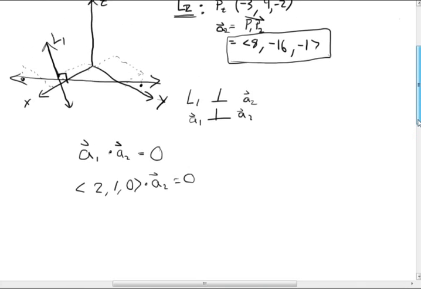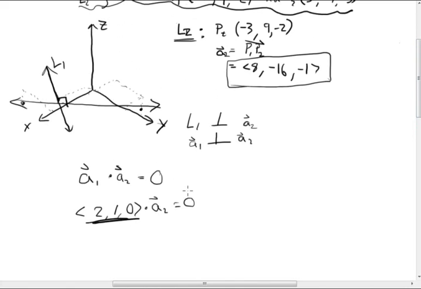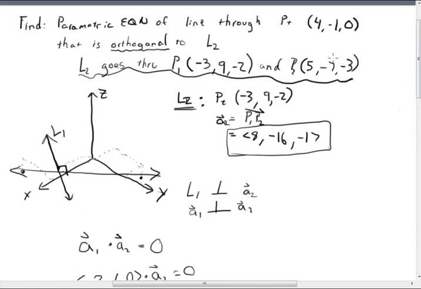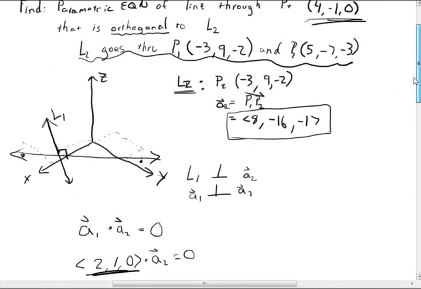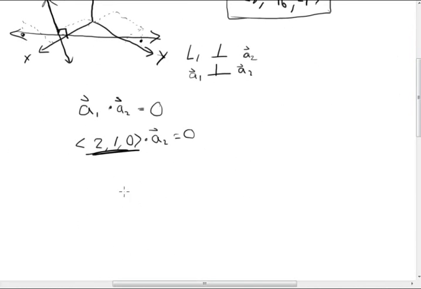So now we have our vector, and we have a point up here. So we're ready to make our line. I'll copy down this point (4, -1, 0) and a vector, I'll just copy this down so it's really clear, (2, 1, 0).